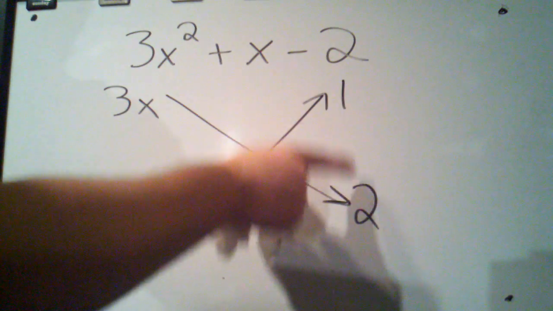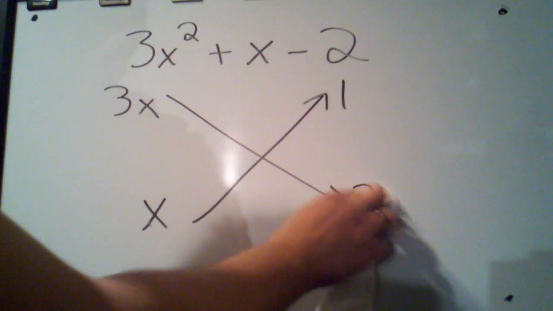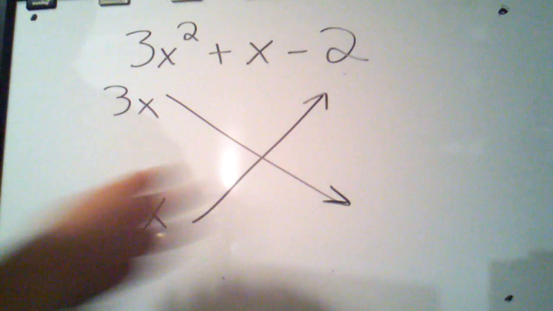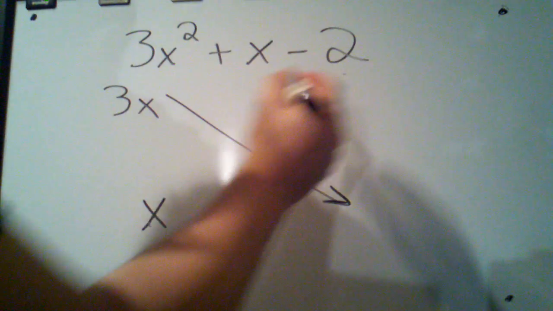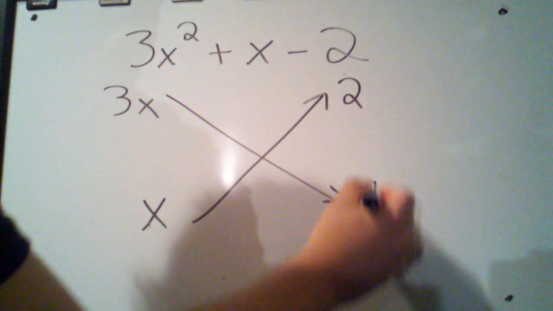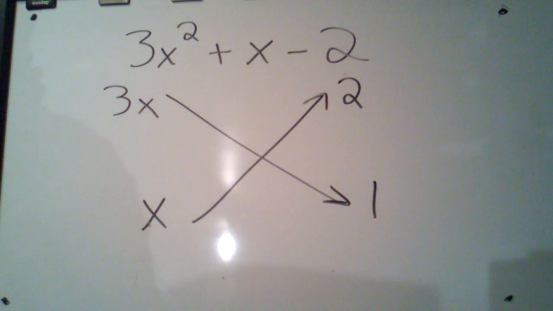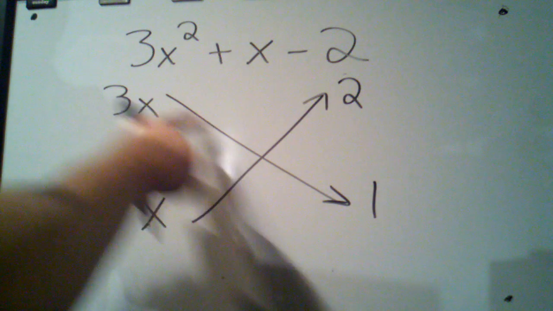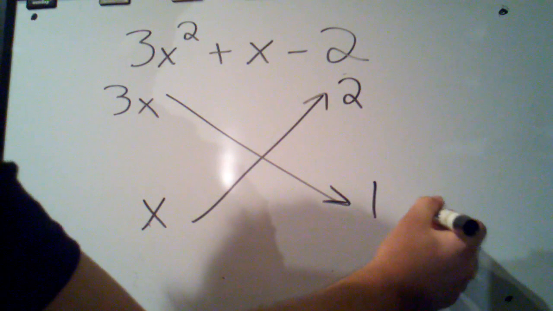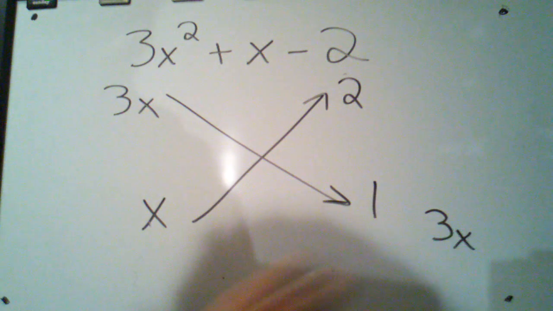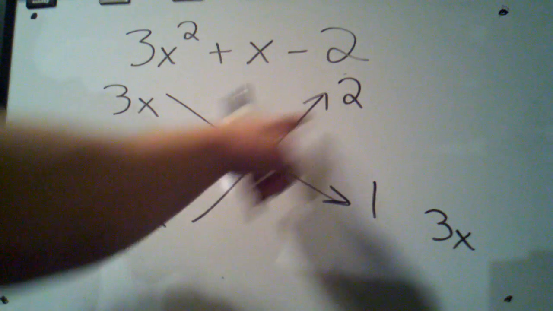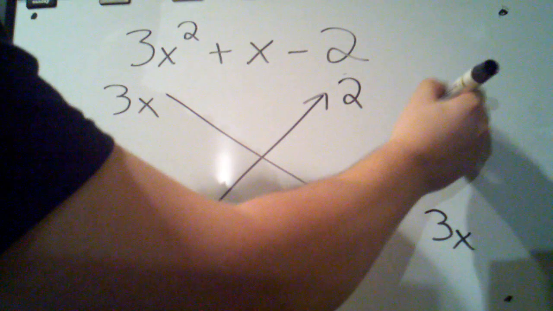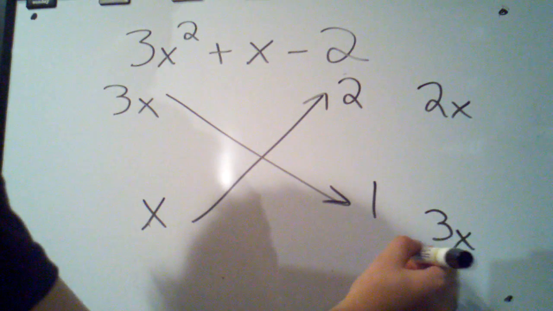So instead of writing 1, 2, I'm now going to change these numbers and write 2, 1. And I can now multiply 3x times 1 is a 3x. X times 2 is a 2x.